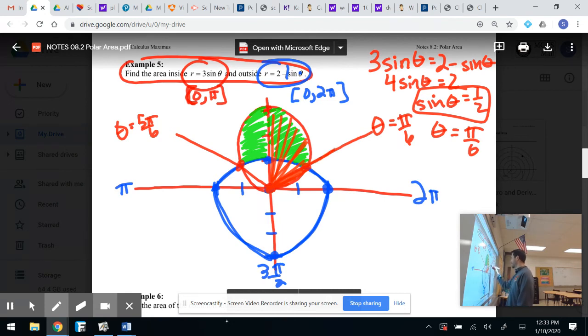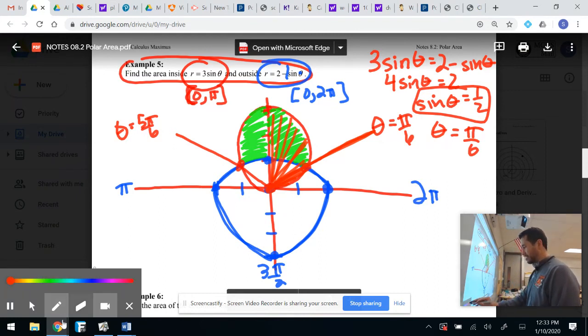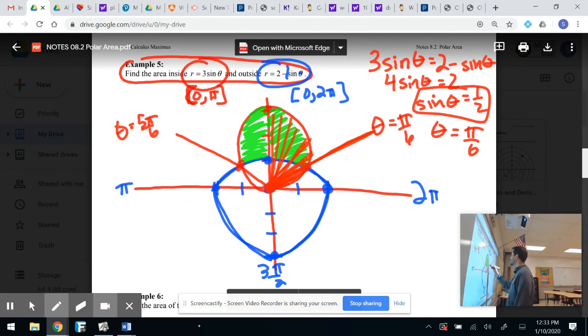All I really care about is starting at pi over 6. So let's just go from pi over 6 to pi over 2. And I'm going to use doubling because doubling makes these polars really nice.